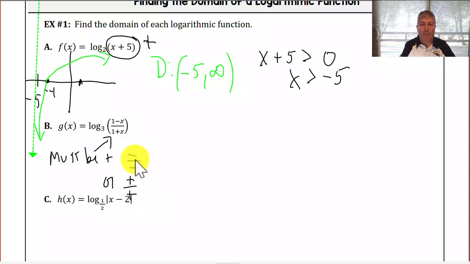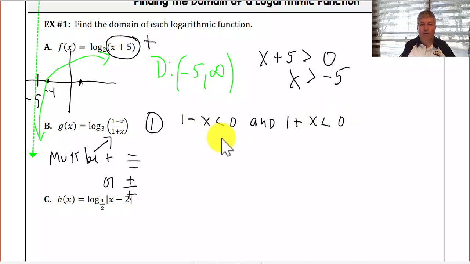So we can't have opposite signs in this fraction. So we're going to evaluate this a couple different ways, where we're forcing our numerator to be negative and our denominator to be negative, and we'll take a look at what those values are. So our possibilities are 1 minus x is going to be less than 0, and 1 plus x is going to be less than 0.